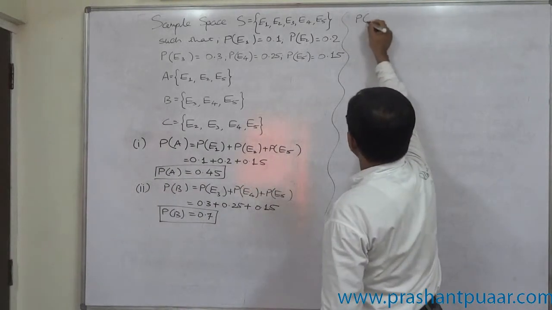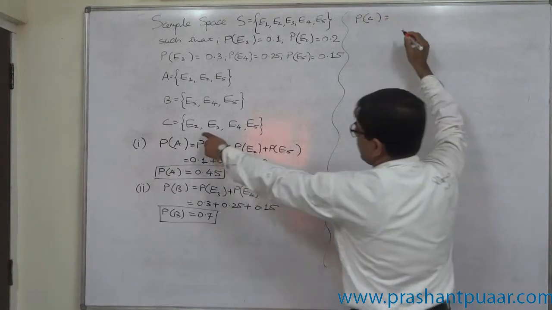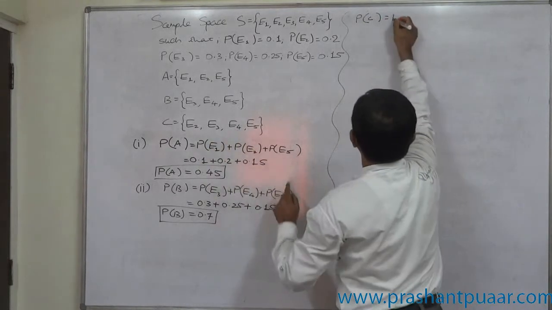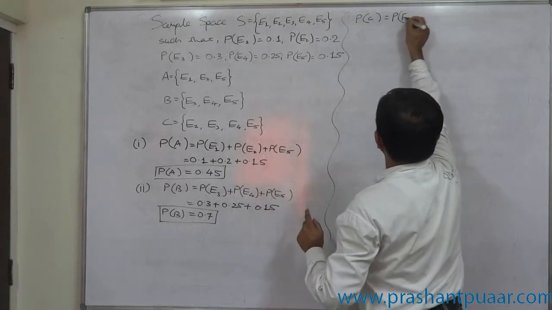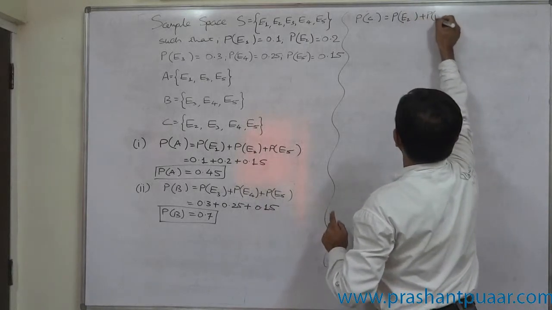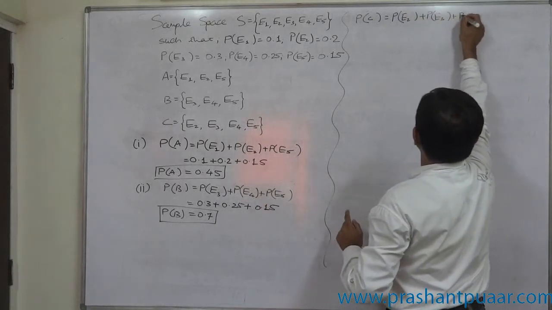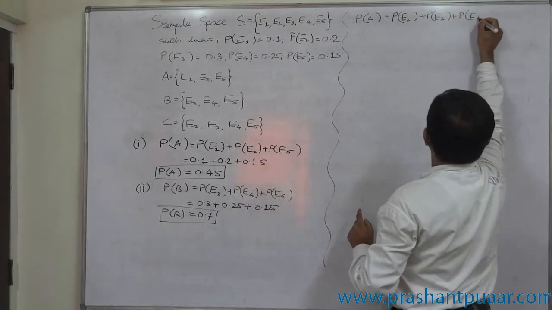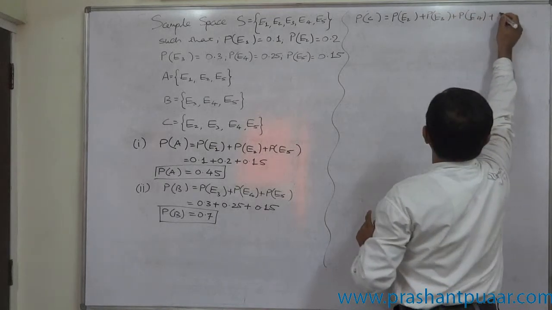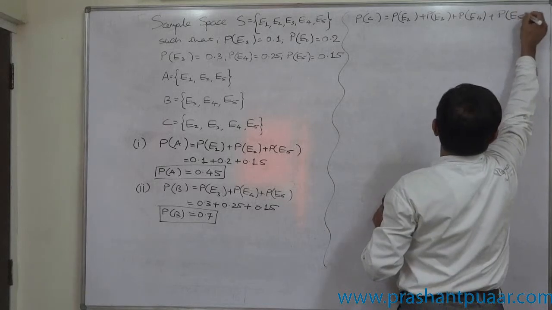P of C. C is made up of E2, E3, E4, E5. So P of C is P of E2 plus P of E3 plus P of E4 plus P of E5.